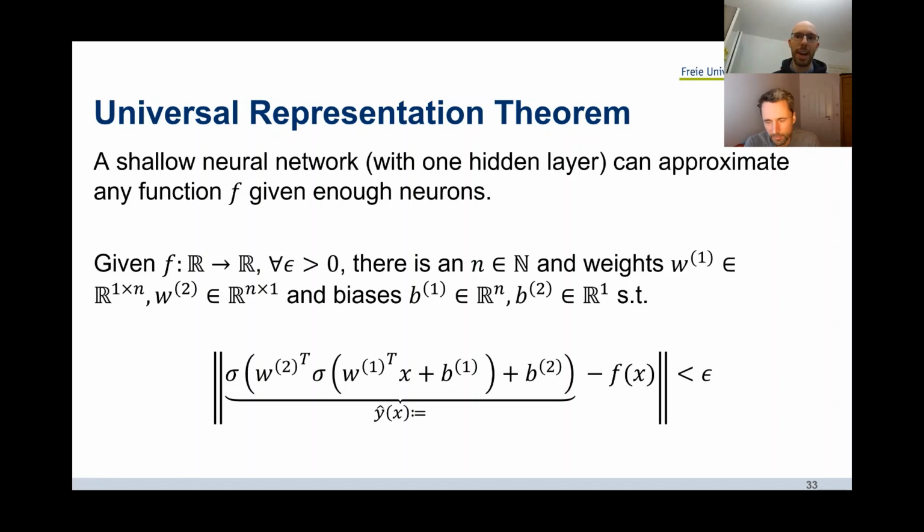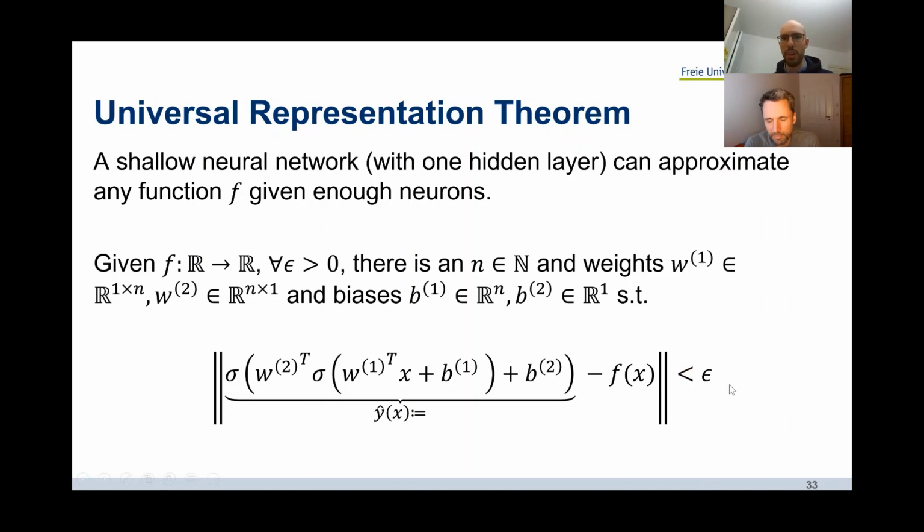So a broken down mathematical way of saying this is that if we have a function from the reals to the reals, no matter what epsilon, so no matter what tolerance of the error we choose, we can find a number of neurons that is sufficiently high and corresponding weight matrices and biases such that the prediction function of the network minus the function that we actually want to approximate is smaller than this epsilon.